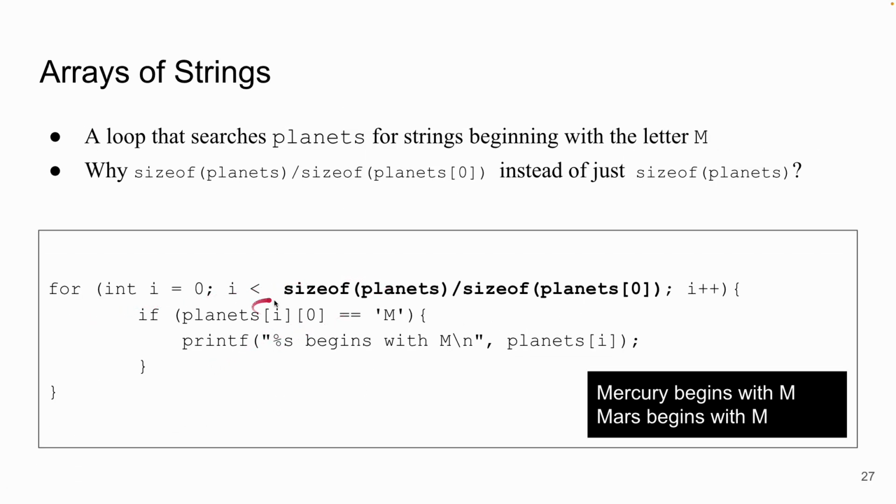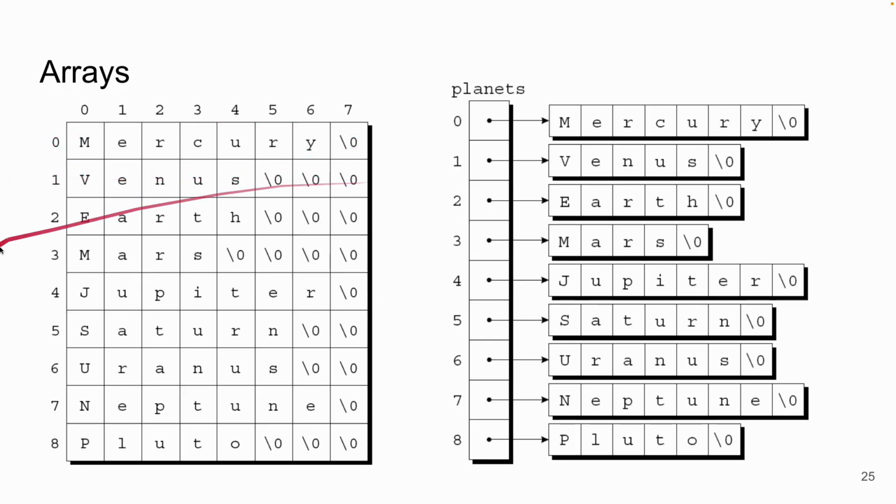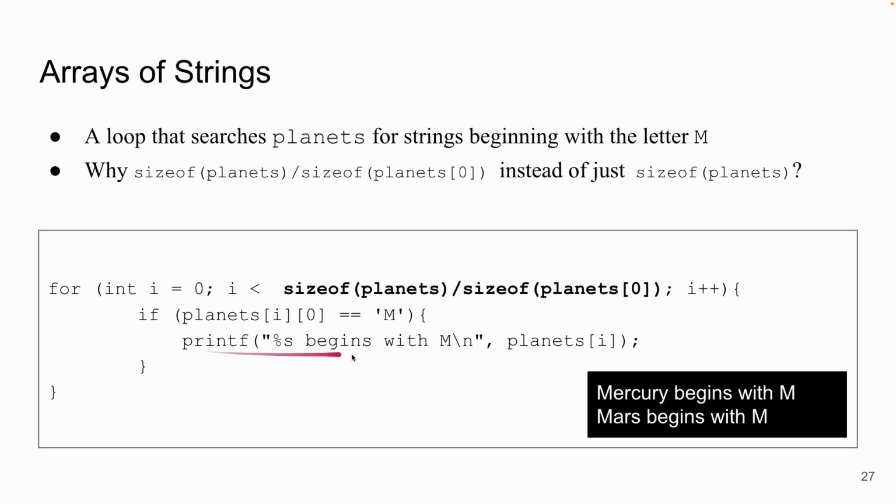And for the row index, I just put down i, because I use i to traverse each row. Then if the first letter of the planet's name is equal to uppercase N, I will print out the planet's name and this information.